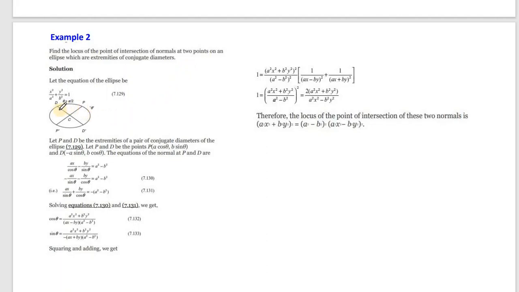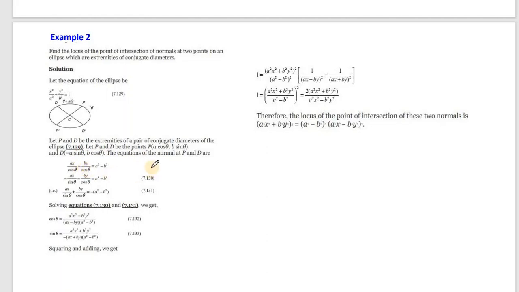So let P and D be the extremities of a pair of conjugate diameters. So on the ellipse, let P and D be the points a cos theta, b sin theta. This is known to us already. And minus a sin theta, b cos theta. Sometimes we will take it as P and Q. Here it is taken as P and D.